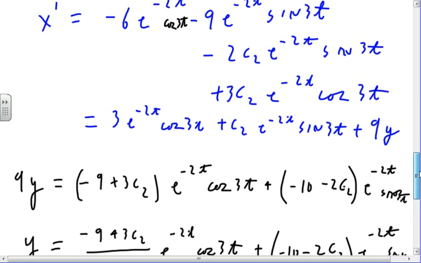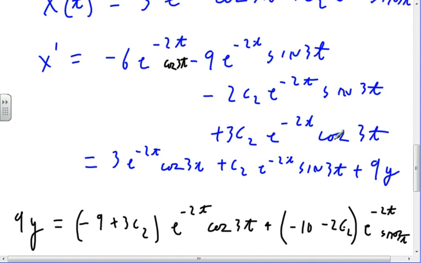Okay, so back to the sine guy. Here's minus 10. Oh, wait a minute. There's a minus 2C2. There's another C2.